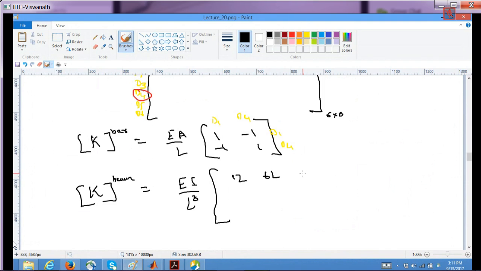six L, so let me just finish it. This would be 4L square, minus 6L, 2L square.